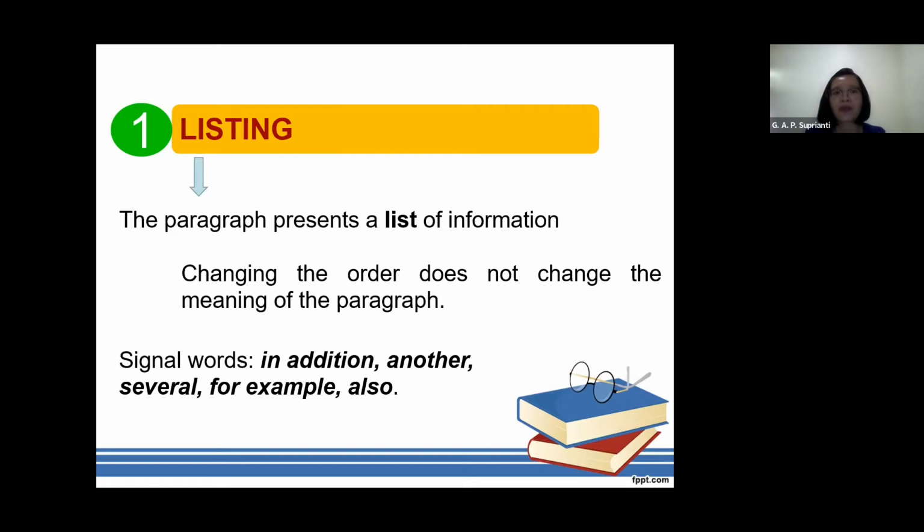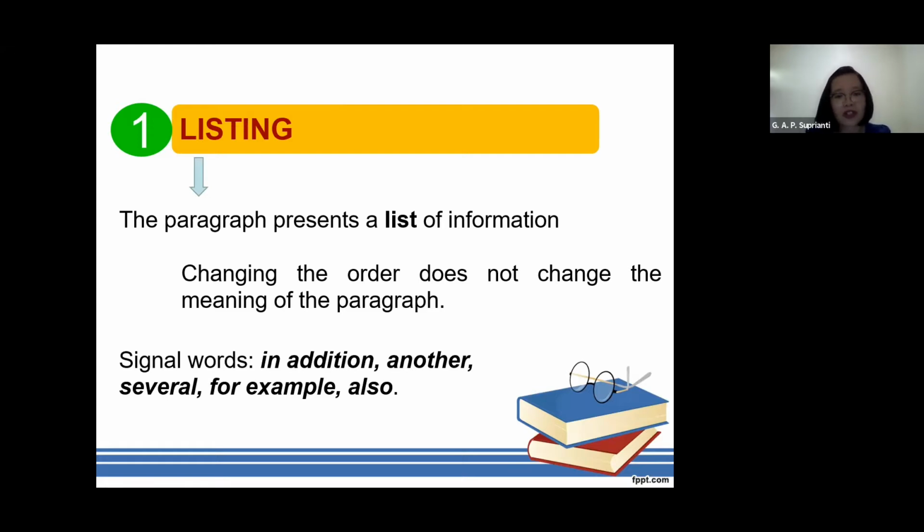The order of information 1, 2, and 3 can be changed, and it doesn't affect or change the meaning. In a listing paragraph, we have signal words, or in Indonesia we call it penanda. The signal words are in addition, another, several, for example, and also.